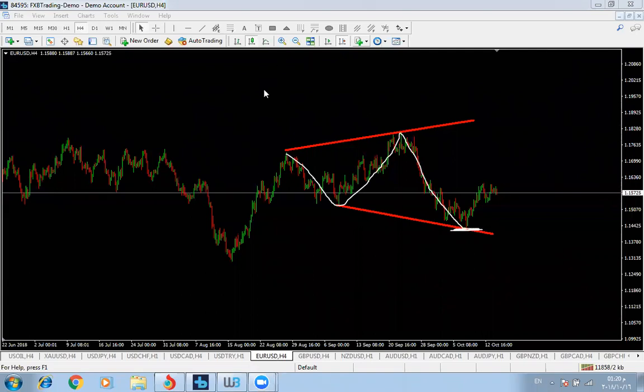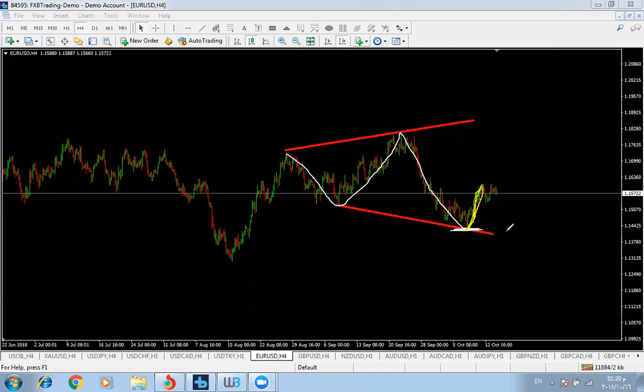I have seen an impulse which is strong enough to consider as an impulse, so that I will change my direction. This is an impulse, as I will show you. This is an impulse which, I think, is strong enough that we anticipate the corrective structure.